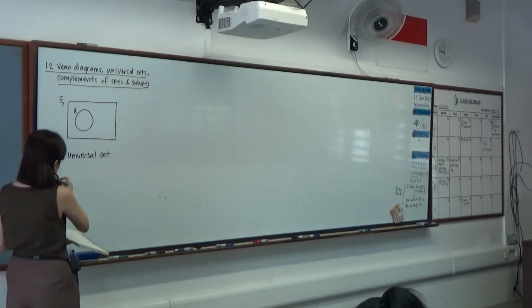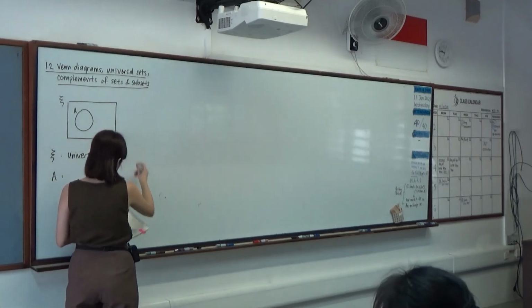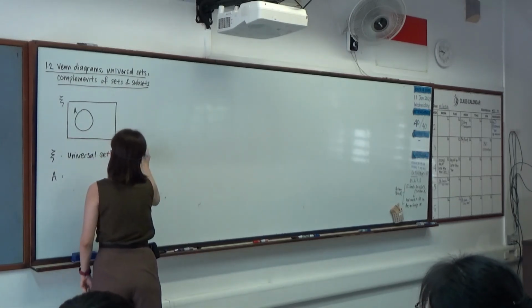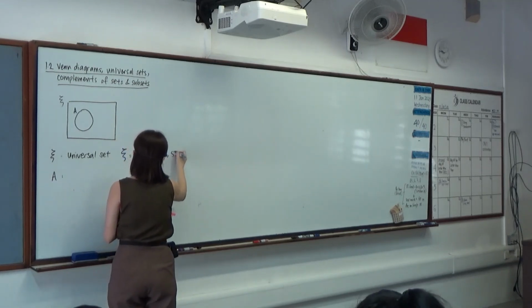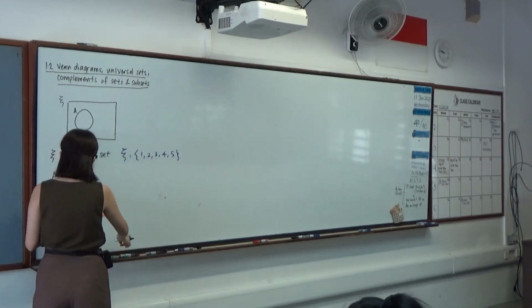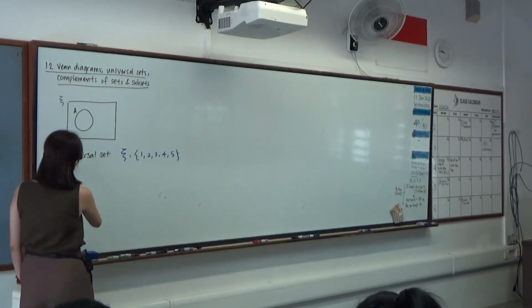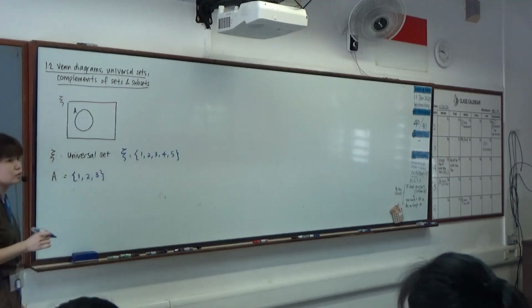For example, if the universal set is defined to be the numbers 1, 2, 3, 4, 5, then A is a set that I define to be 1, 2, 3, containing the integers 1, 2, 3.